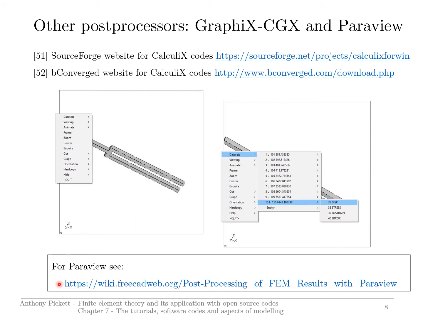But the link I've given here is a link to a complete tutorial on how you could use FreeCAD and Calculix and then create the results files from Calculix to read with ParaView. So this is an alternative. It's a very good post-processor, as I say, open source. It is certainly an interesting alternative to what I do, but up to now I've never tried this.